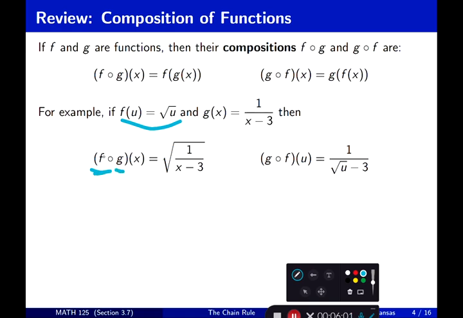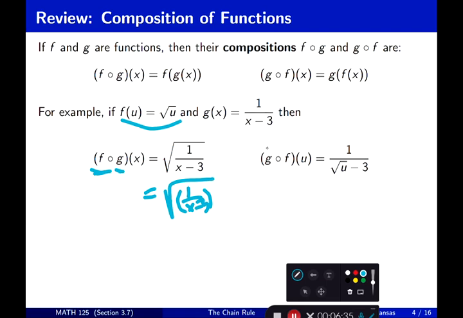So I write the outside function and put a big parentheses for the input variable. Then I plug in the inside function everywhere I see the parentheses for the input variable. That would be the square root of 1 over x minus 3.